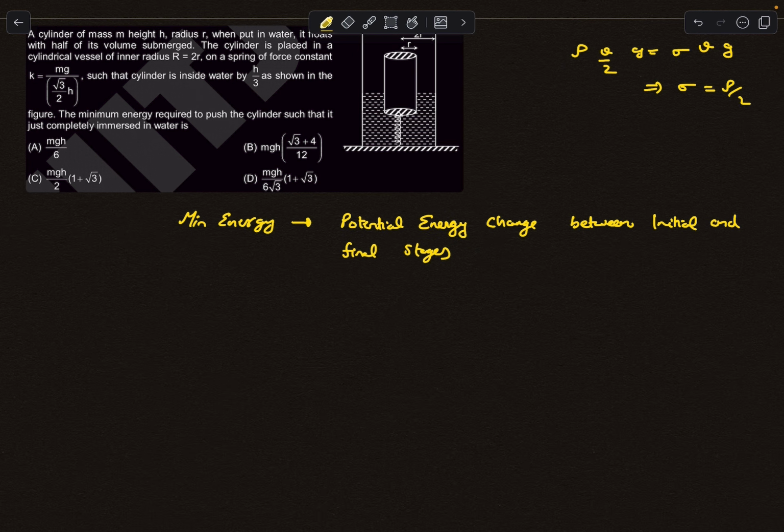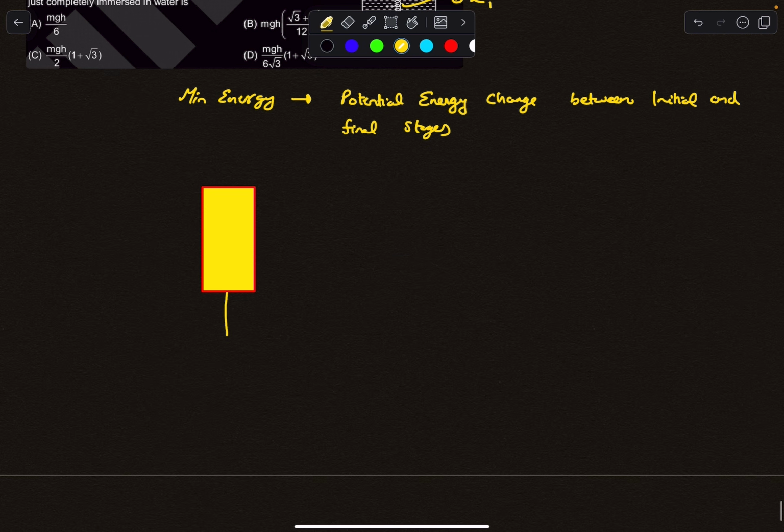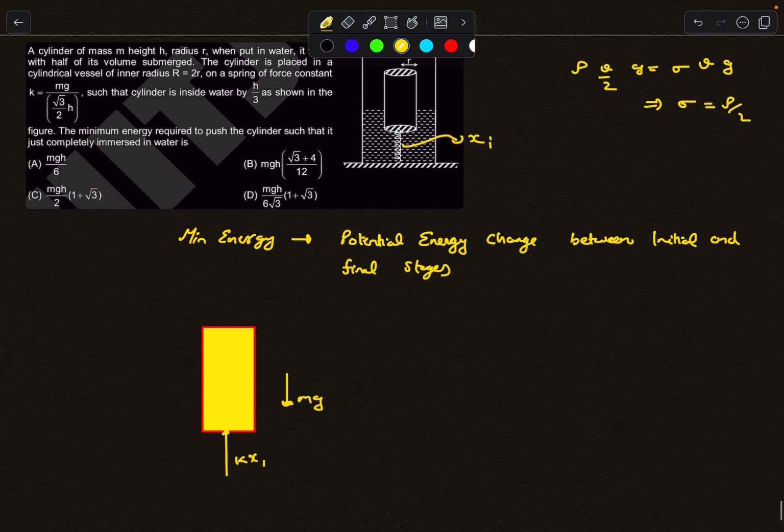First, let's write down the equilibrium condition. Let's assume the initial compression in the spring to be some xi. So the spring force on the cylinder is going to be K times xi, and obviously we have the weight of the cylinder mg, and then we have the buoyant force. With the buoyant force, we can actually do something neat. The volume submerged is actually 1/3, right? And the density of the fluid is double the density of the water.